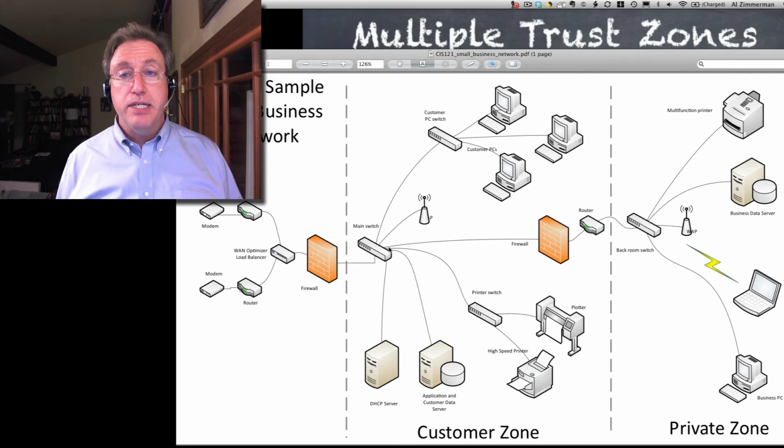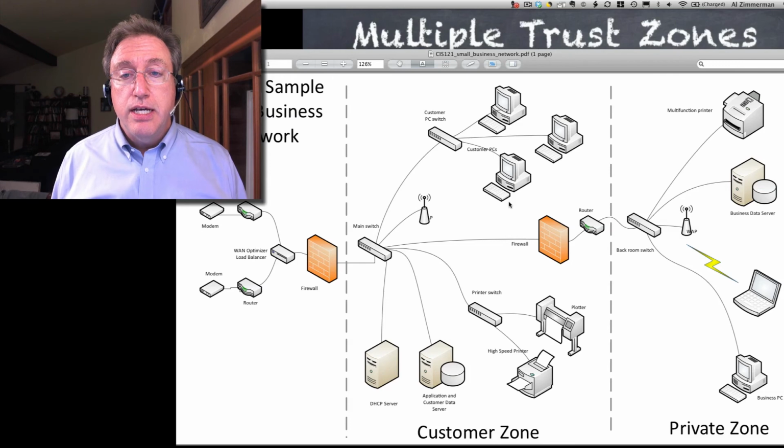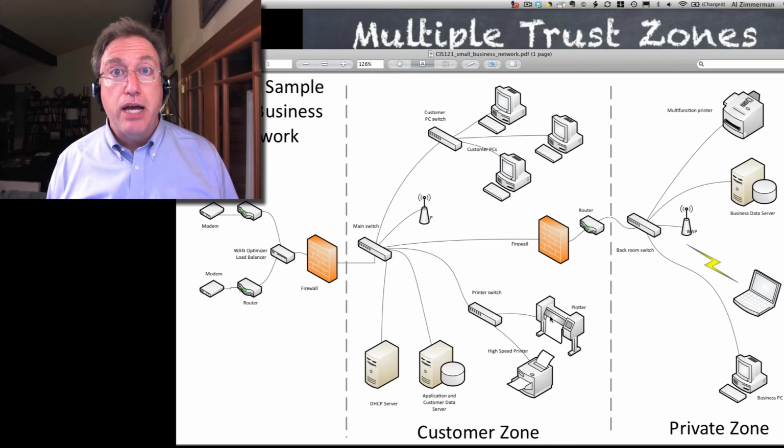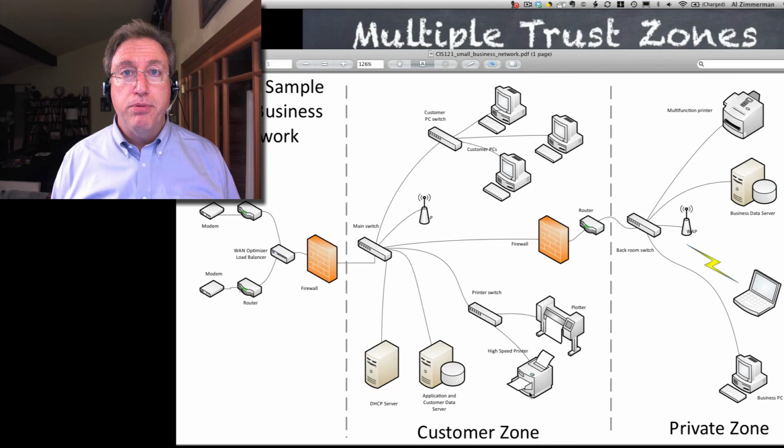In this particular business, they've got a bunch of customer workstations, and they're on their own switch so that we can expand later. They've got a wireless access point. They've got printers, a large format plotter. They've got a high-speed printer that customers can use.